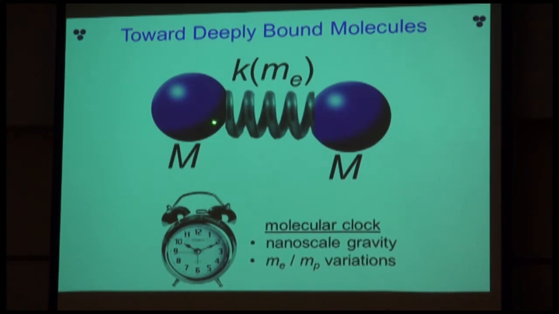One is that these atoms are quite heavy, so they do gravitationally interact with each other. So in some sense, you might be sensitive to nanometer scale gravity effects between them. And in another sense, because the system depends both on the nucleon and electron mass, you'll be sensitive to any possible variations of the mass ratio of the electron to the proton with the same basic experimental system.